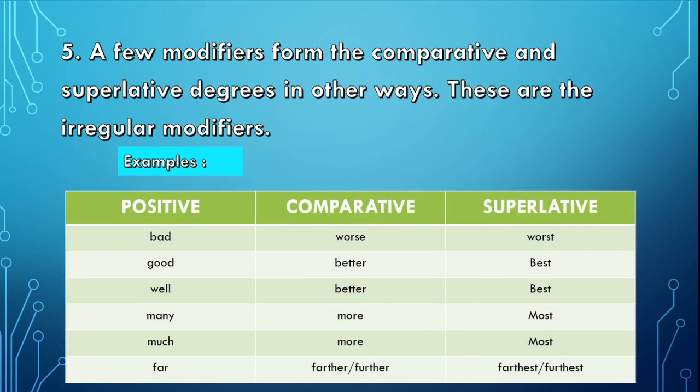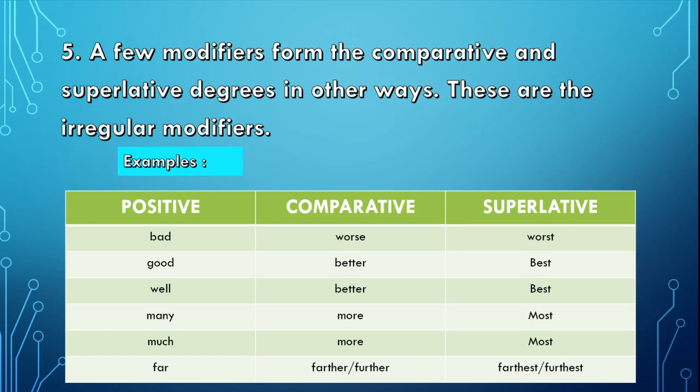Let's start with the positive, then to comparative, and then to superlative. Okay, now we have the base form, bad. In comparative form, bad will become worse. And in the superlative form, it will become worst.